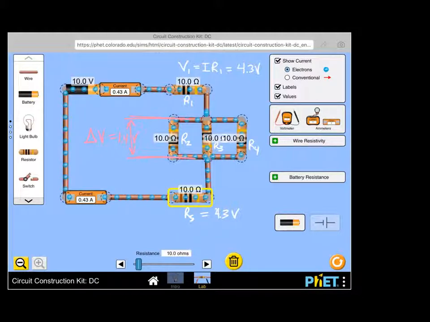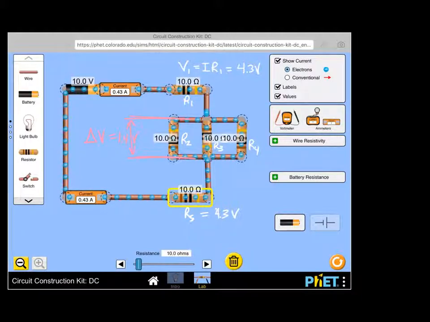So 1.43 volts here. Those points are the same, if you will. Basically, it's doing 2 decimal places, 4.29, same as 4.3, all right? So we'll go with our numbers.